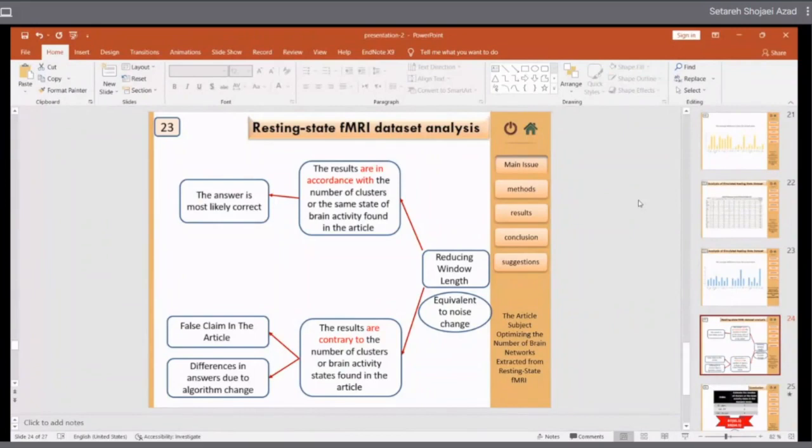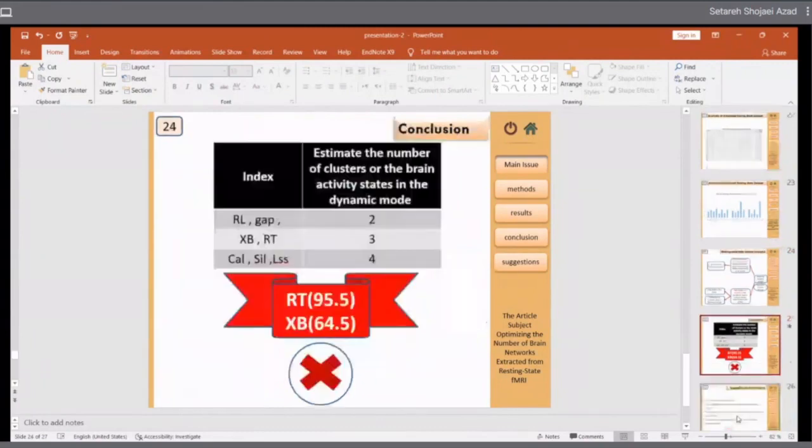According to the results obtained from all these four sessions, imaging 100 people and estimating the number of clusters by evaluation indices, we observed that Zibeni and Rayturi had acceptable performance in both previous stages.